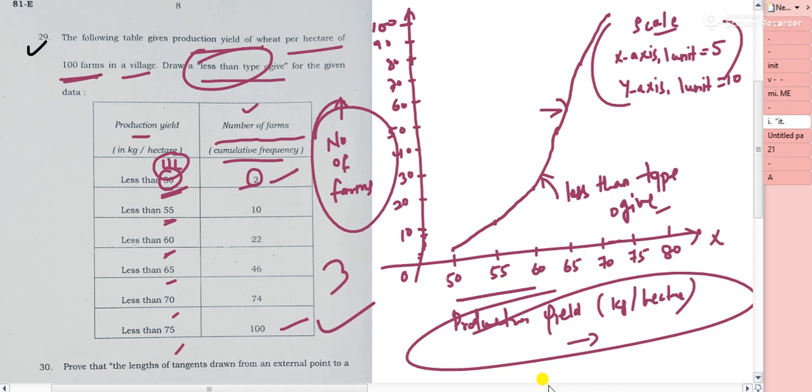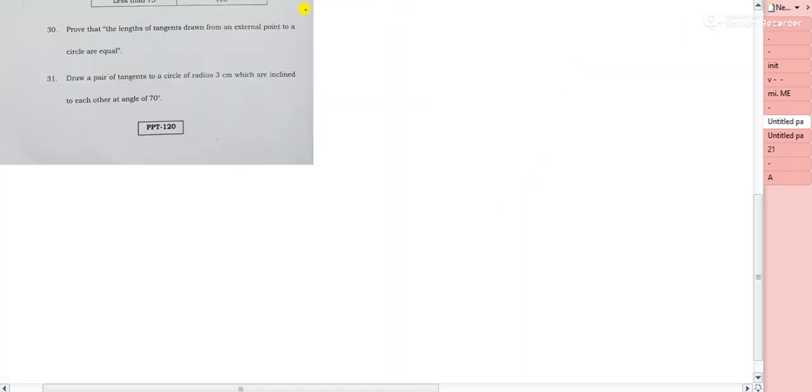Now moving to the next question. This is your question number 30. Prove that the lengths of tangents drawn from an external point to a circle are equal. This is a most repeated question, a theorem related to tangents of a circle.